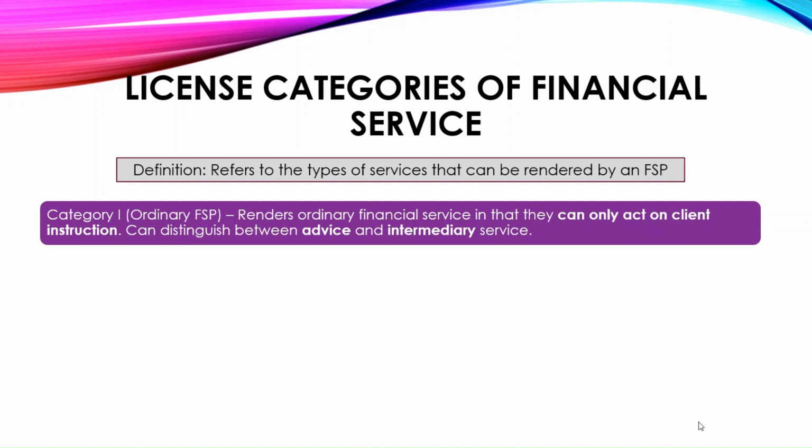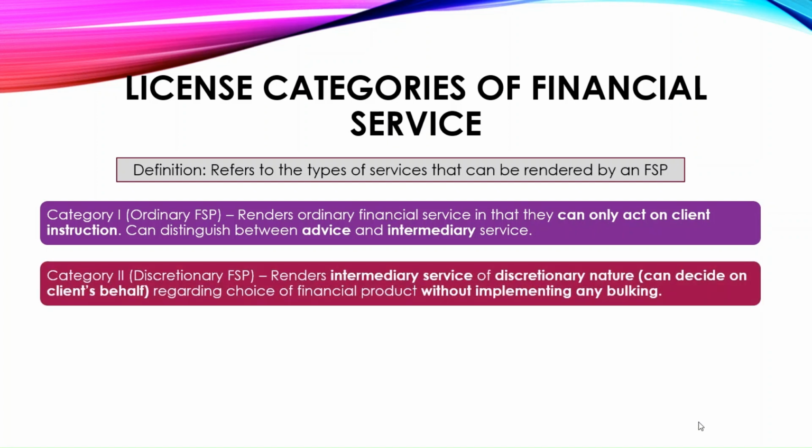Let's go to the second category of FSP, a category 2 FSP, which is also known as a discretionary FSP. Very important to note, it only renders an intermediary service of a discretionary nature.